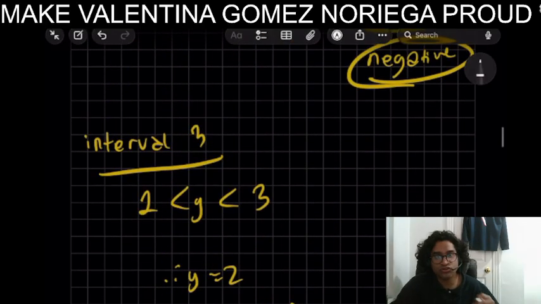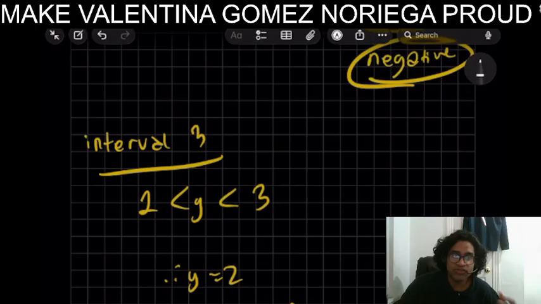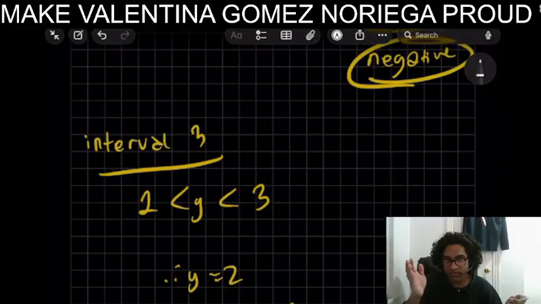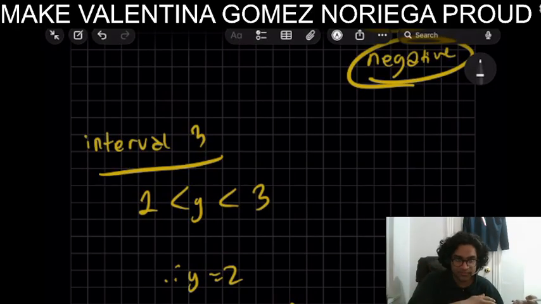To observe how the graph will look, you first have to get the behavior of the graph for y less than 0, for y between 1 and 3, and then y greater than 3.